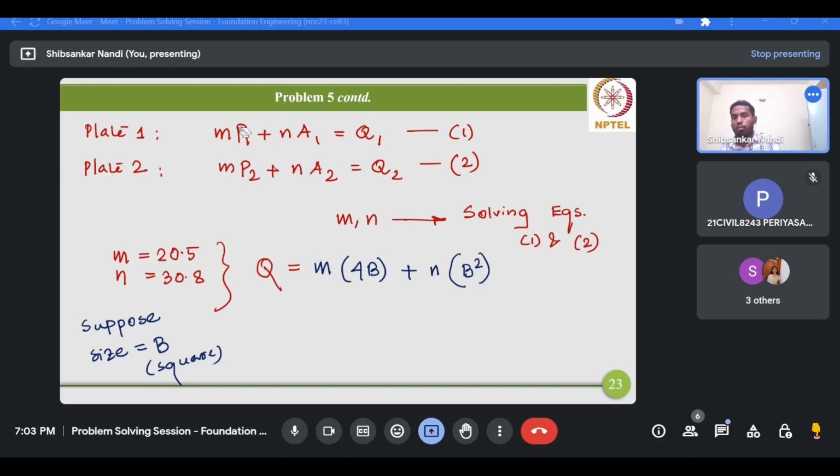So therefore these values would be b square, and this value would be b. This load against which the column foundation should be designed is given as 800 kilonewton.